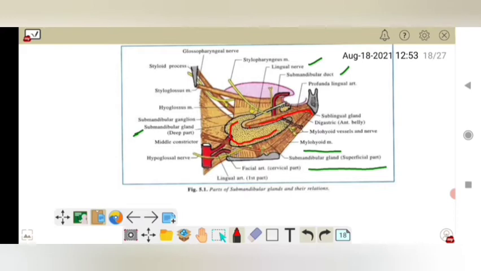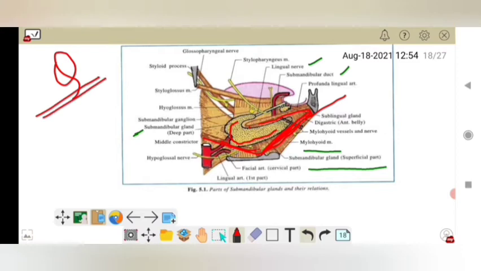Now, the anterior end extends up to the anterior belly of the digastric. This is the anterior belly of the digastric, and this is the posterior belly. The anterior end of the superficial part extends up to the anterior belly of the digastric, and the posterior end extends up to the stylomandibular ligament, which separates the submandibular from the parotid gland.